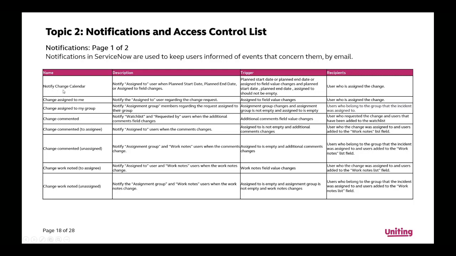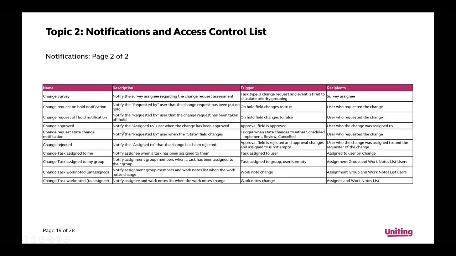So we have a scenario of notifying the change calendar, a change assigned to me when you are working on the change yourself, change assigned to the group, change commented, and so on. We have a couple of pages here. You can refer to this, and depending on the scenario, the recipients are going to get a notification.